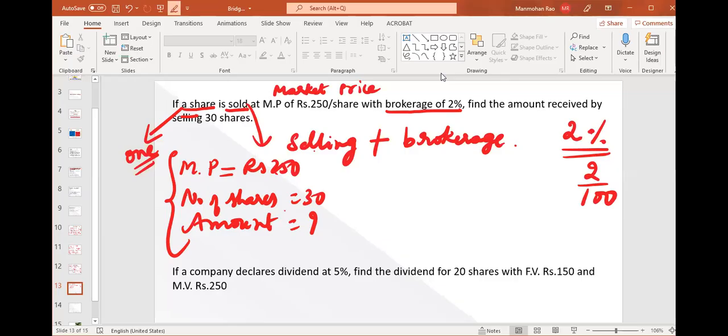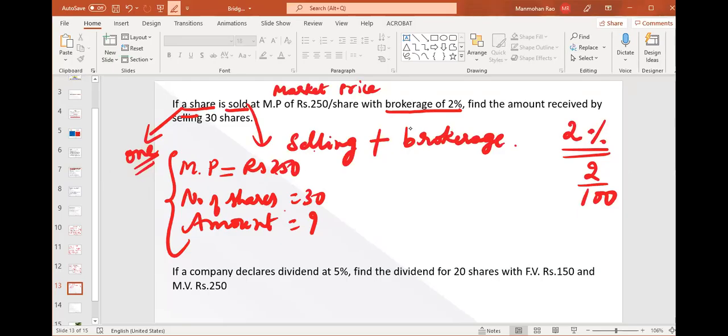If you sell 2 shares, the broker will get 4 rupees. If you sell 3 shares, the broker will get 6 rupees. Find the amount received by the investor by selling 30 shares.